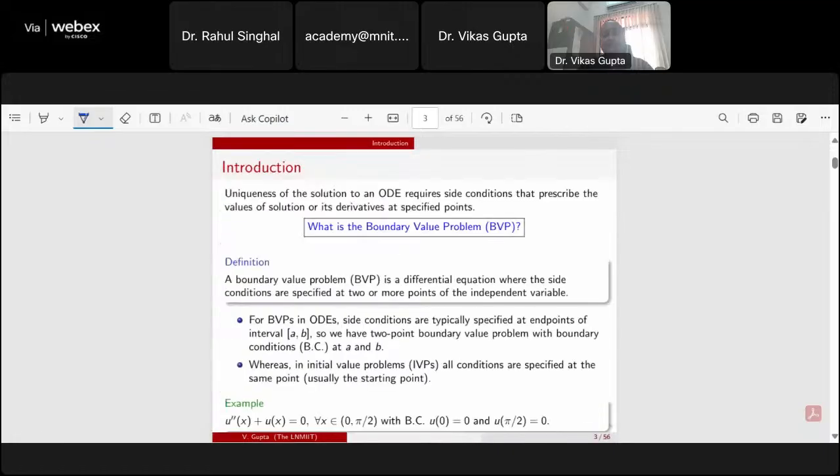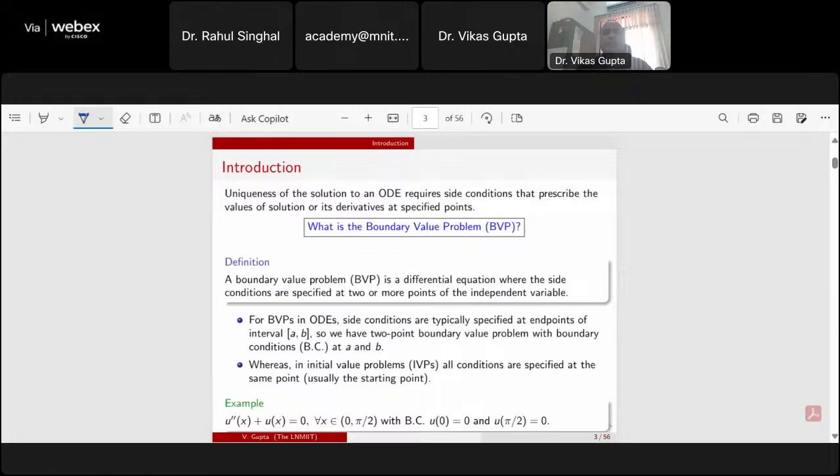As you know, while we are solving a first order ODE, the solution of that first order ODE generally consists of a single constant, and while we are solving a second order ODE, the solution consists of two constants.